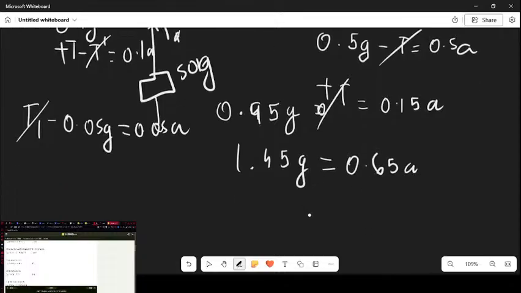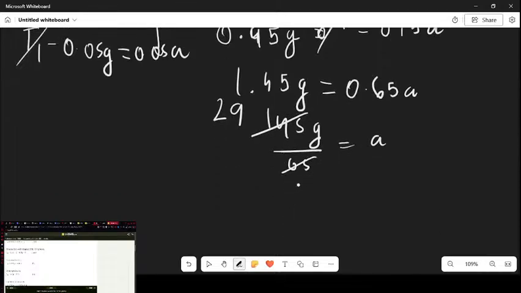Okay, 145g, 65a. 5 twos are 29, 5 ones are 13. I don't think this is correct. Yeah, there is a mistake.